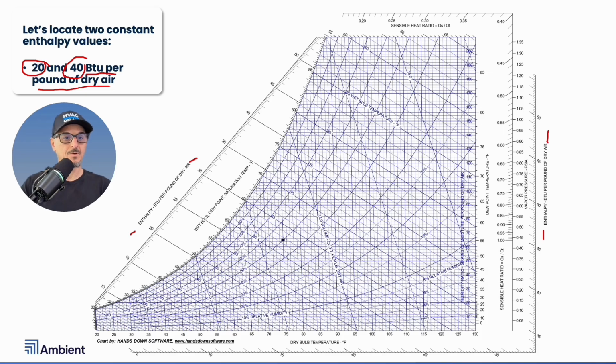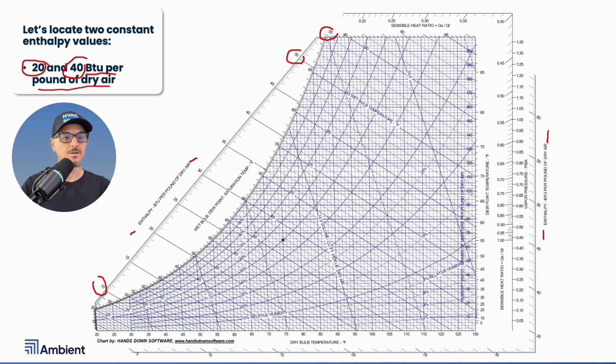And you see you have these numbers, 10 up to 50 here, and it also goes up here. Okay, so what you do is you match these numbers up with the correlating enthalpy on this axis here.